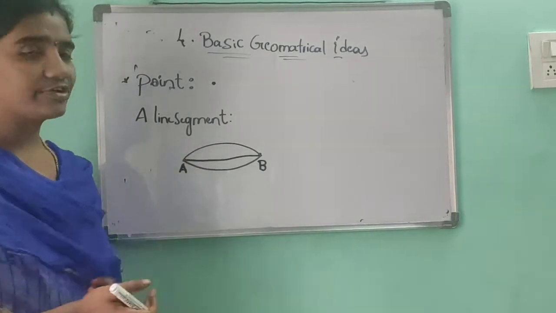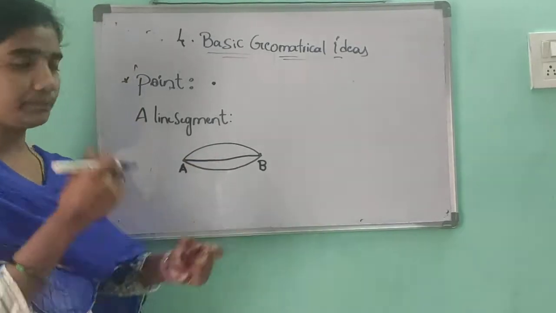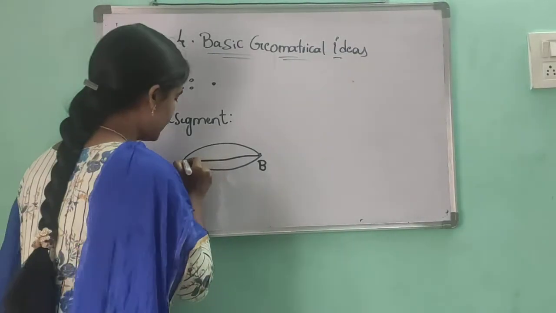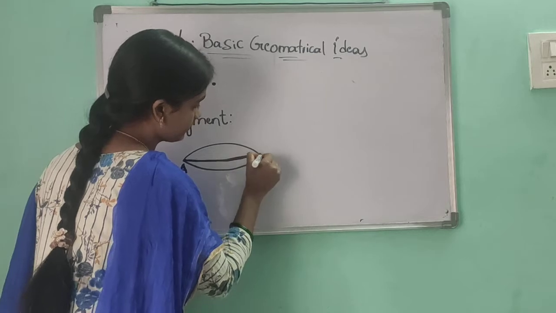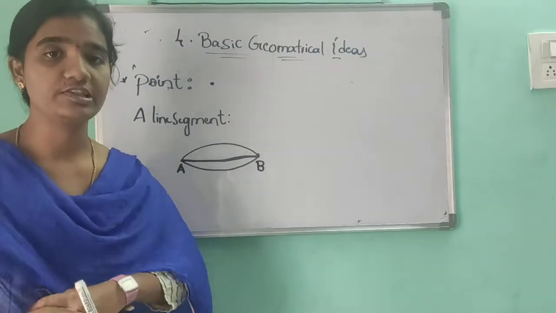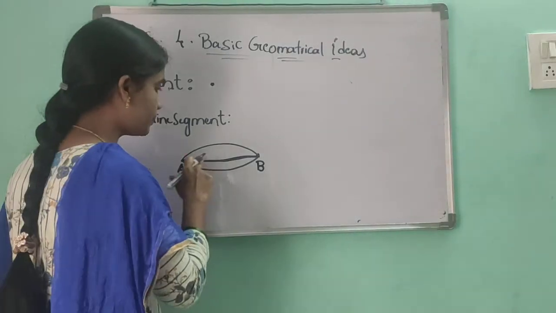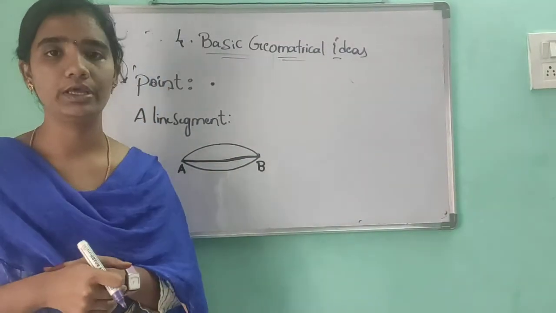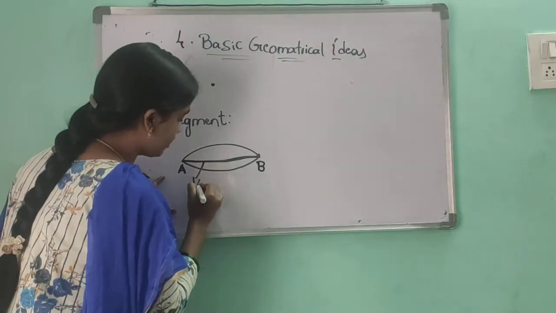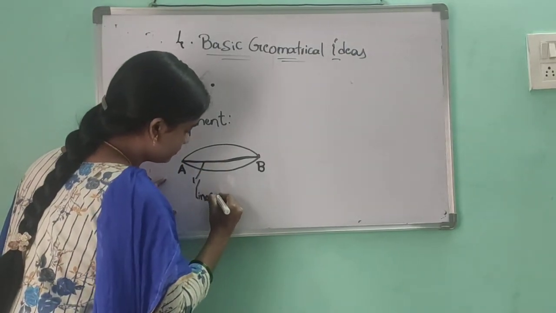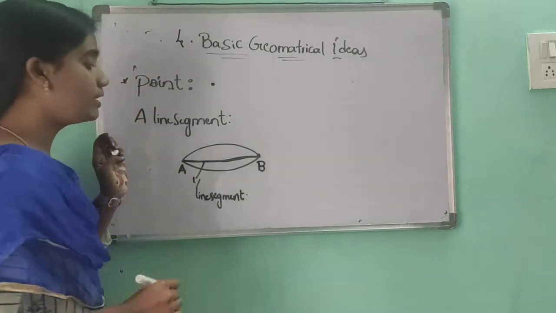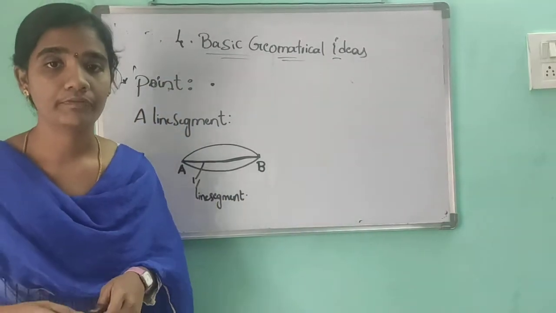But what is the difference between them? Here, the middle line gives the least possible distance from A to B. So this line is called a line segment.